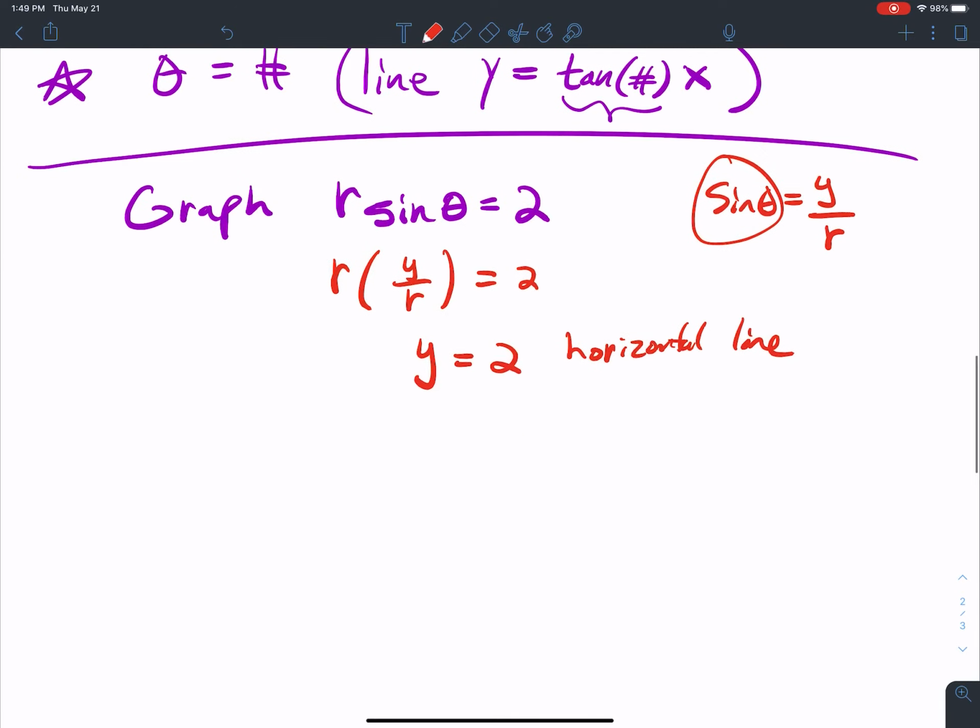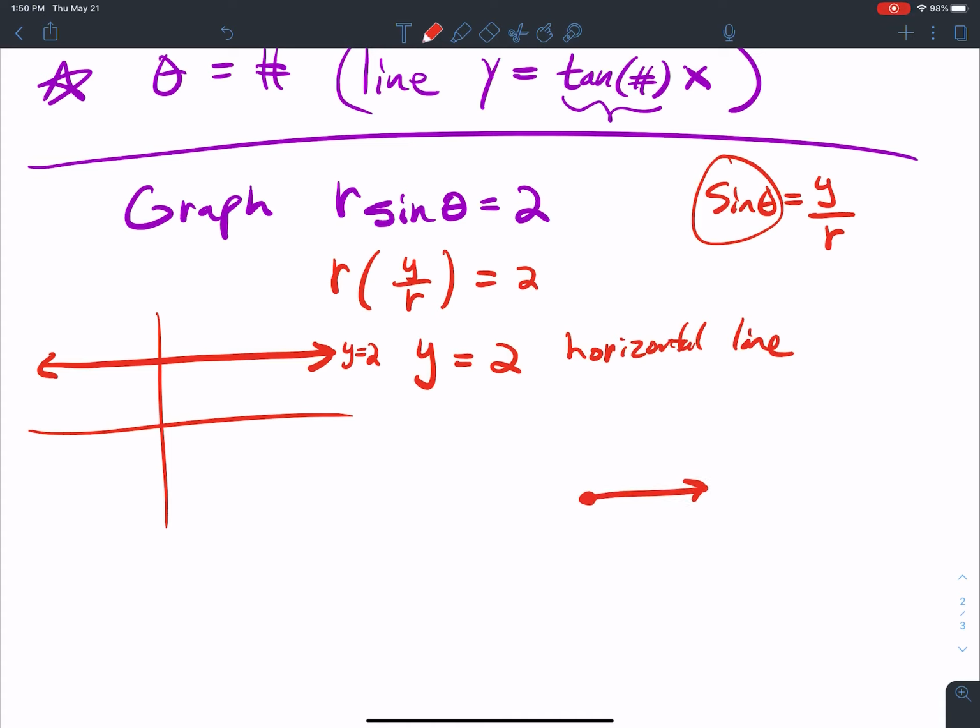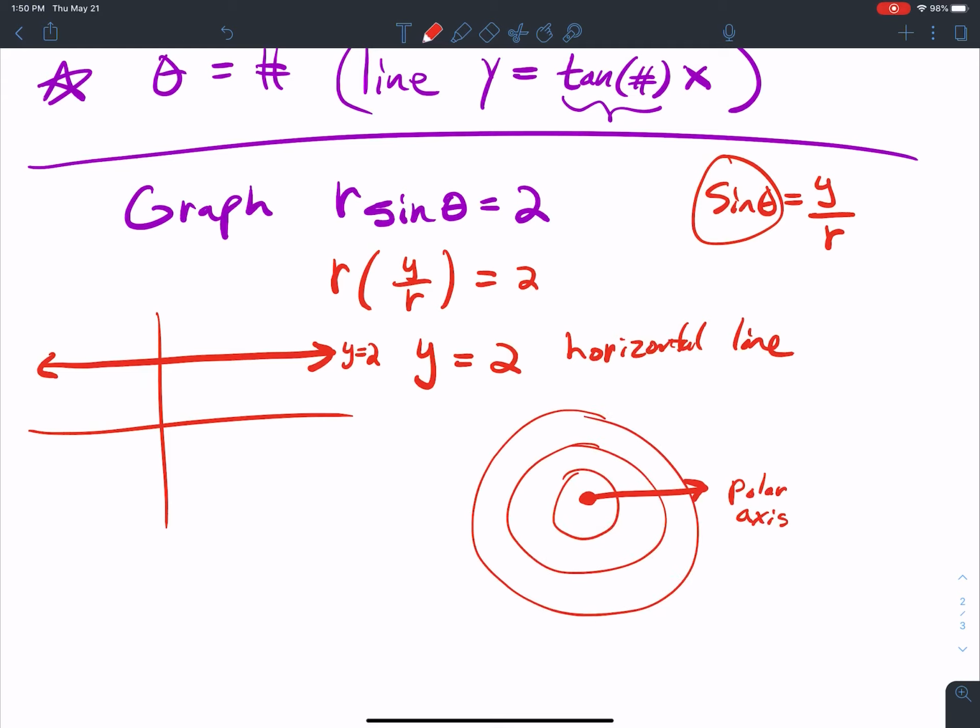Okay, so if I graph this, this is what it looks like. Y equals 2 here, in the polar axis.